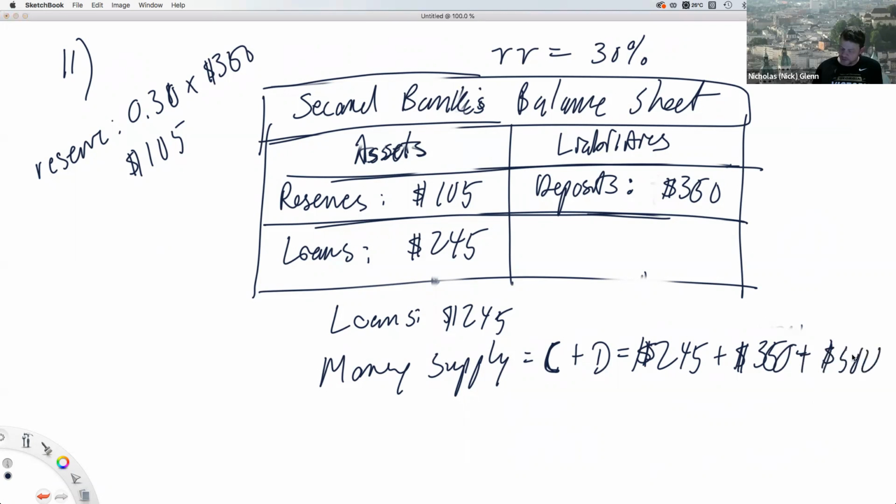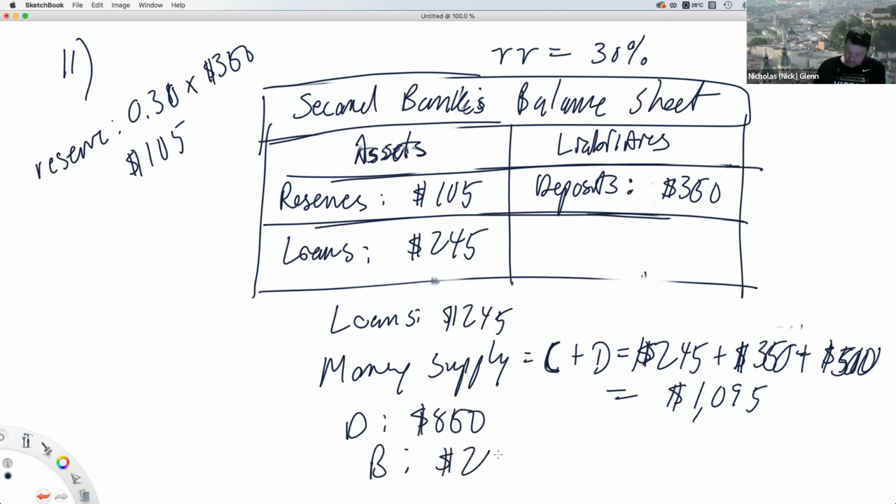That person still has use of those deposits in First Bank. So now the total money supply is $500 plus $350 plus $245. So the money supply has expanded now from $850 to $1,095 when Second Bank took these deposits and loaned out a portion of them. All right, so depositors have $850 in demand deposits, and the borrowers have $245 in currency.